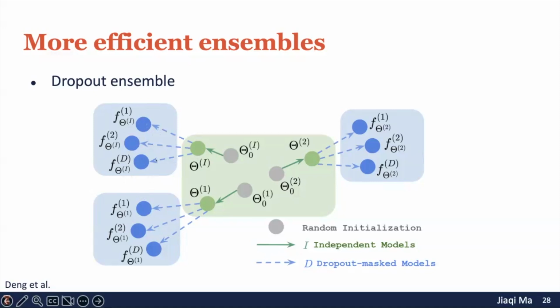We can ensemble these blue points, which can be obtained very efficiently, instead of having tens of independent trained models. And it turns out that this kind of ensemble also gives us some improvement in attribution performance.